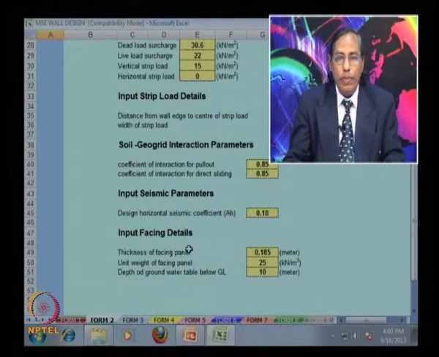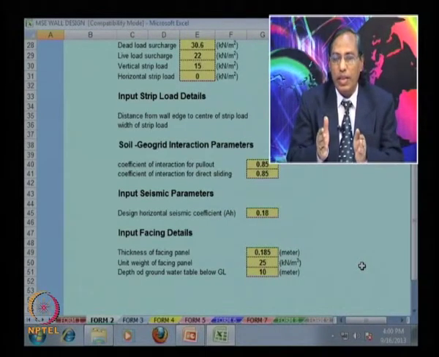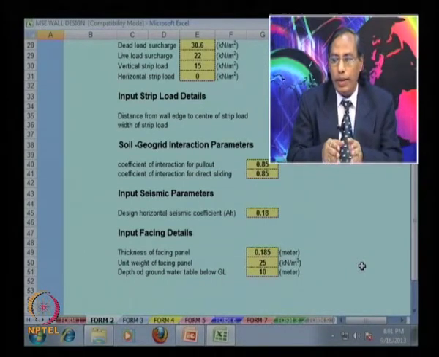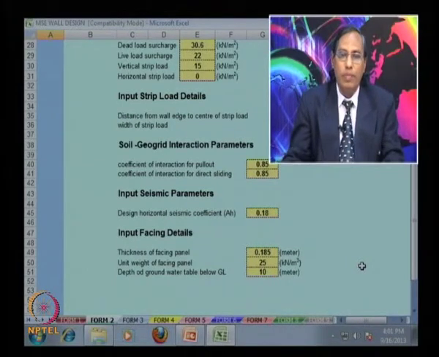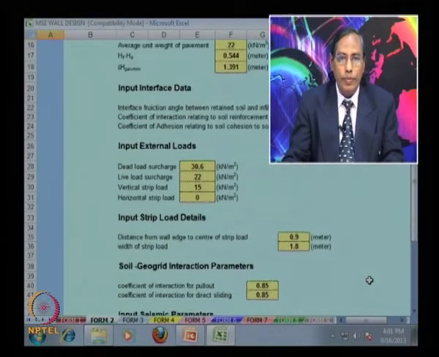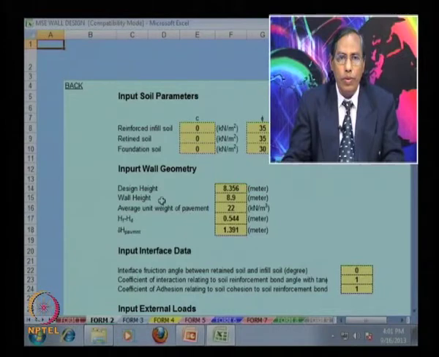Input facing detail: the thickness of the facing panel is 0.185 meter, the unit weight of the facing panel is 25 kilonewton per meter cube, and the depth of the groundwater table below the ground level is about 10 meter. So, these are the parameters you have to take as input soil parameters.